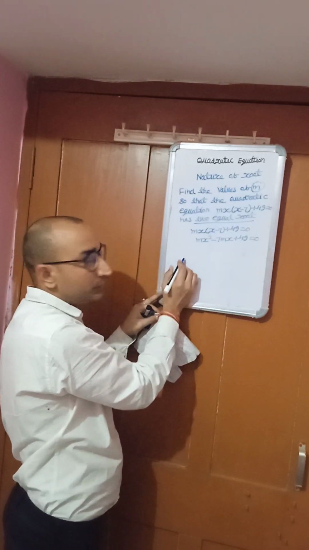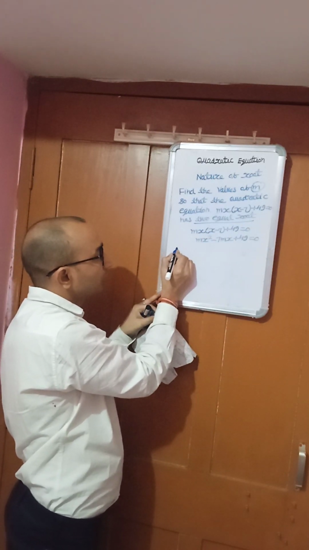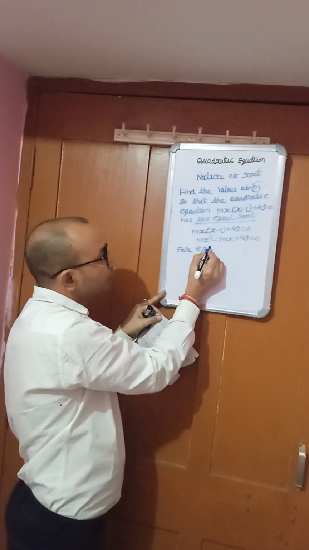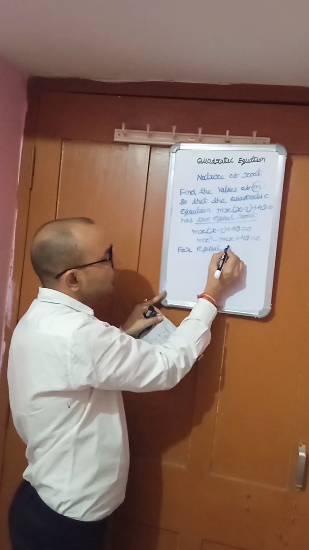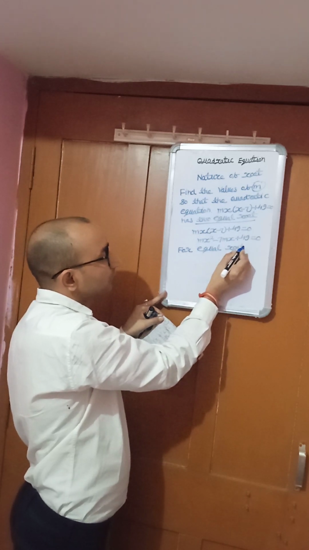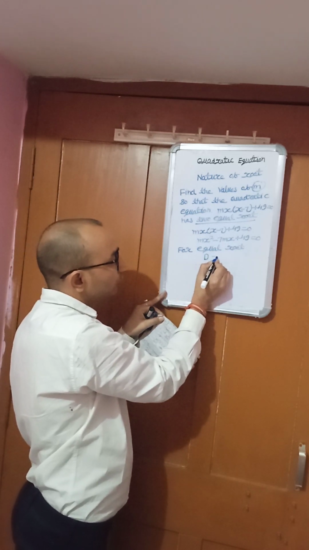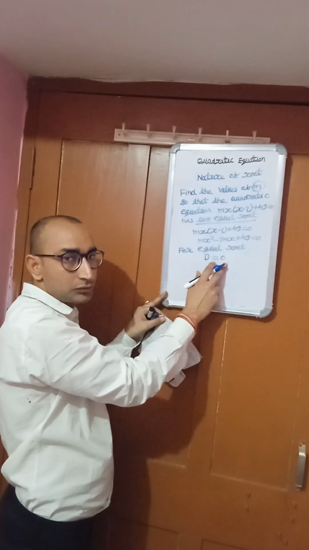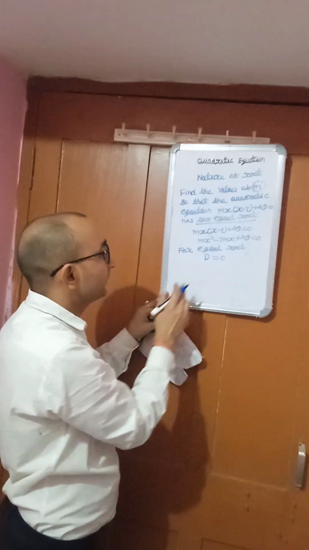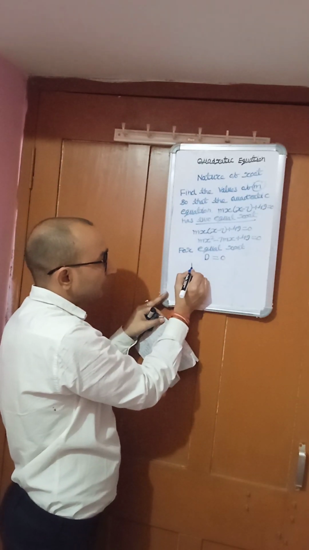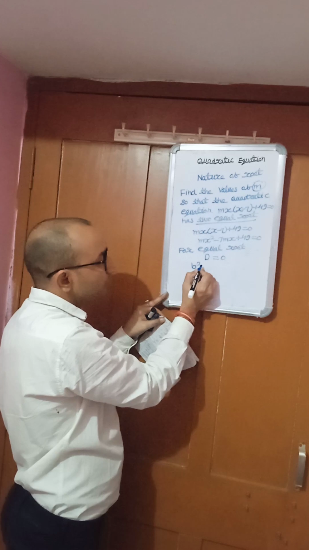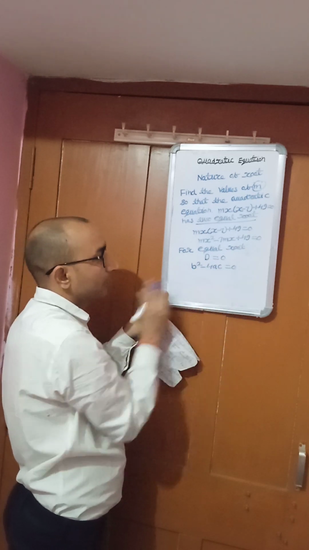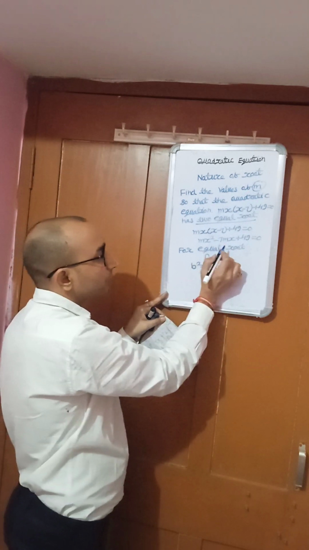Two equal roots means write in this way: for equal roots, D equals 0. D equals 0 means b square minus 4ac equals 0.